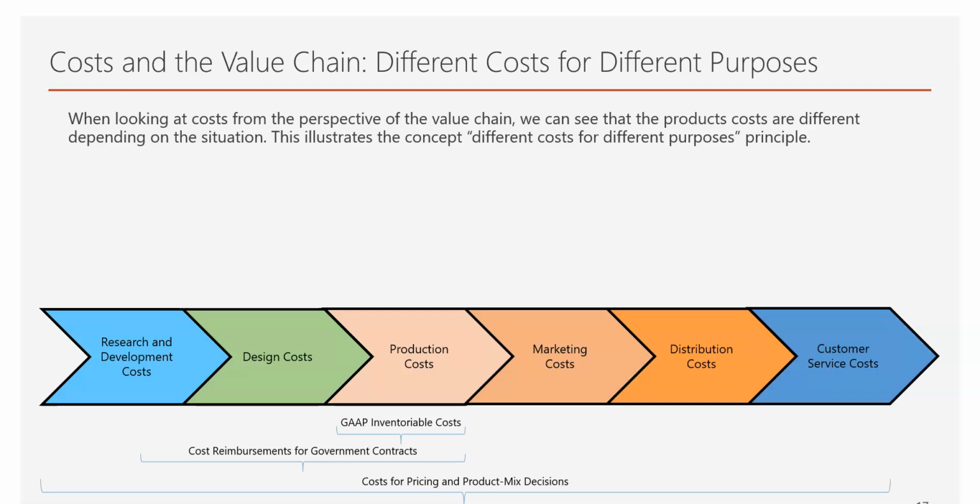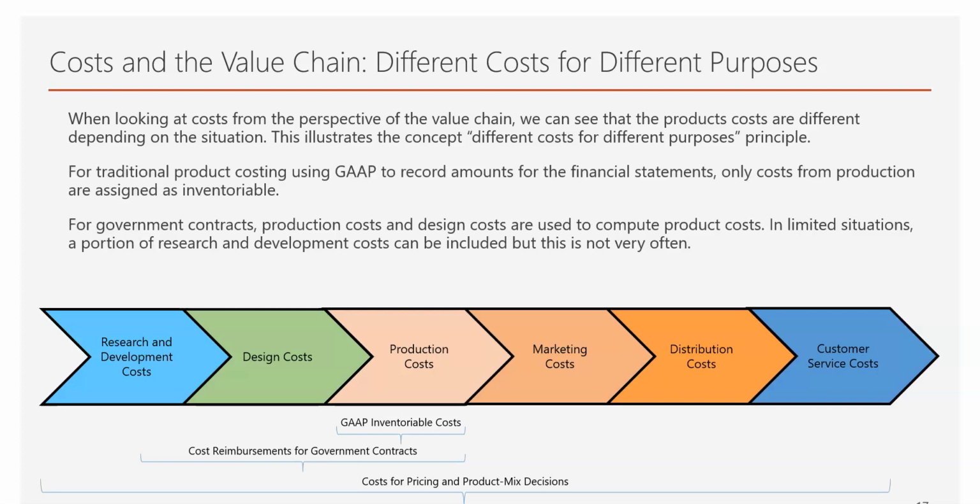Now, one last thing I want to talk about here is the cost in the value chain, different costs for different purposes. As you see there on the screen, for traditional product costing, using generally accepted accounting principles to record amounts for financial statements, only the costs of production here in the production part of the value chain are inventoriable costs.